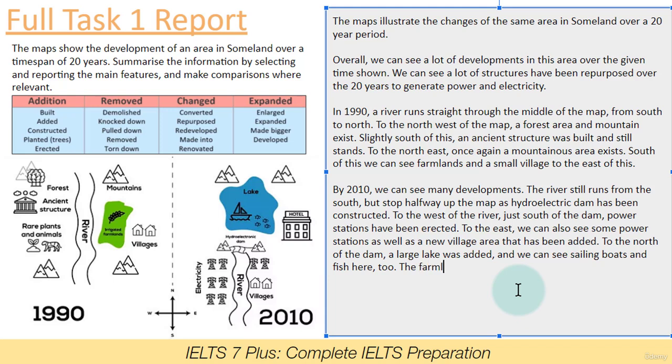The farmlands and villages, so I'm making the comparisons here, were removed, and a hotel was developed on this area of the map.